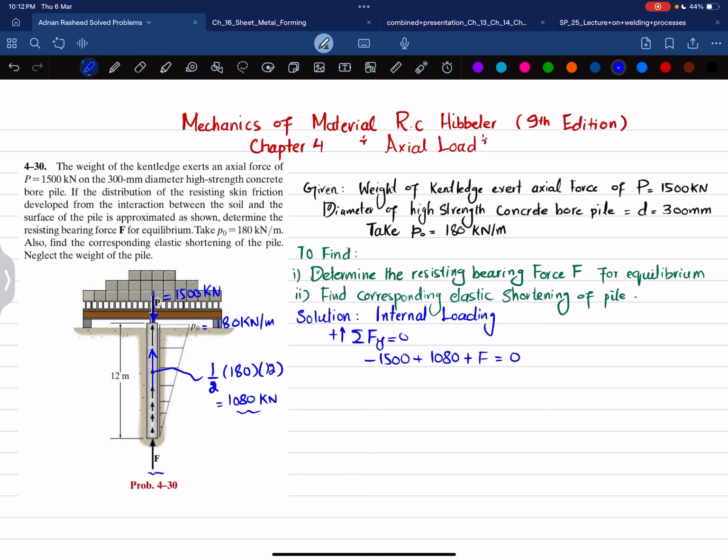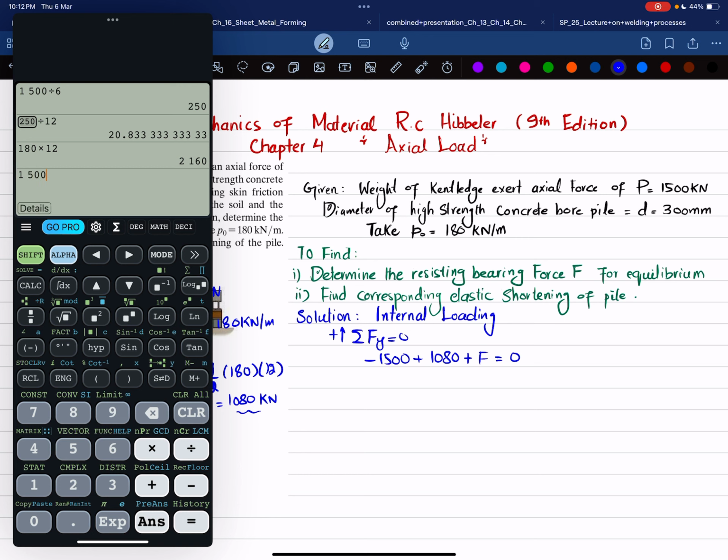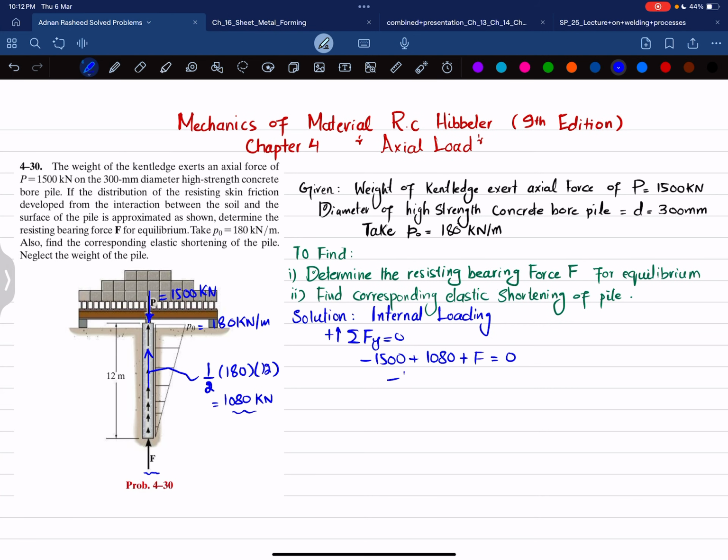So minus 1500 plus 1080 will give you minus 420 kilonewton. So minus 420 plus F is equal to 0, which means F is equal to 420 kilonewton. This resisting bearing force of 420 kilonewton is required for the equilibrium condition, and it is the answer to our first part. In the second part, you have to determine the elastic shortening.